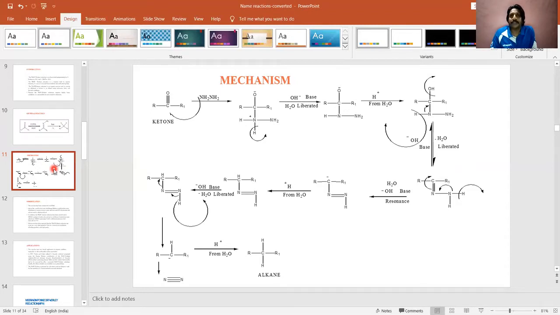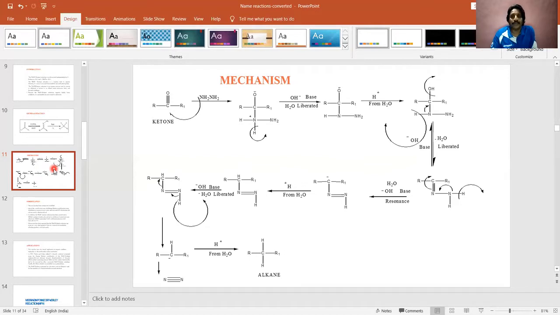So we can use these carbonyl substrates as intermediate compounds to develop our desired product so that we can continue the reaction. Once the purpose of this carbonyl substrate is over, they can be reduced back to alkane. This is how we are using the Wolff-Kishner reduction in synthetic pathways.